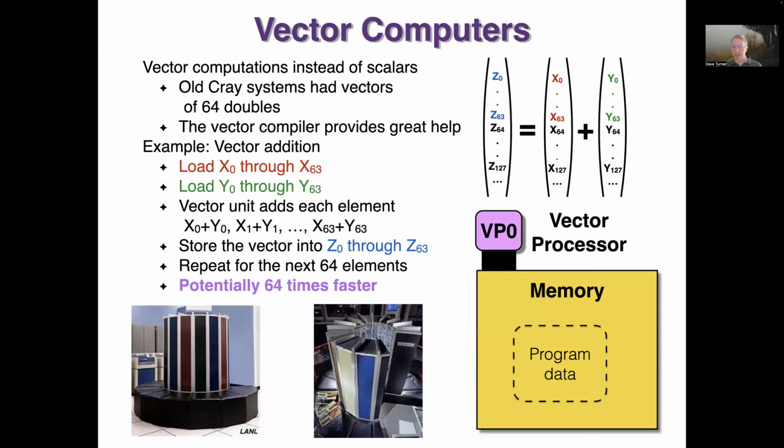So the bandwidth between the vector processor and main memory was necessarily much greater. So you pull in 64 elements of X, 64 elements of Y, and then you do those vector additions at the same time. And that's conceptually, in order to get Z0 through Z63, and then that gets pushed back into your main memory.